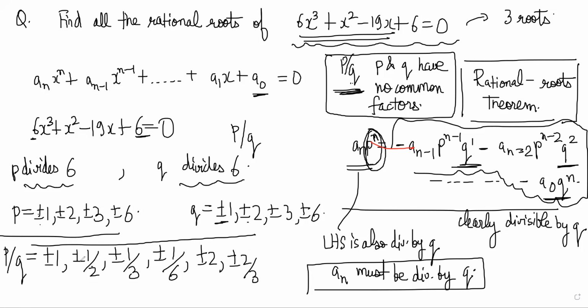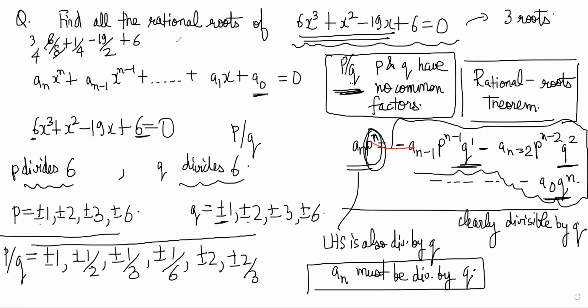Now check plus minus half. If you check that, 6 by 8 plus 1 by 4 minus 19 by 2 plus 6. So this is 3 by 4 plus 1 by 4, which is 1. This is also not coming, right? 7 minus 19 by 2 is not zero. You just have to check a little bit, maybe 1 by 3 or 2 by 3 will work.